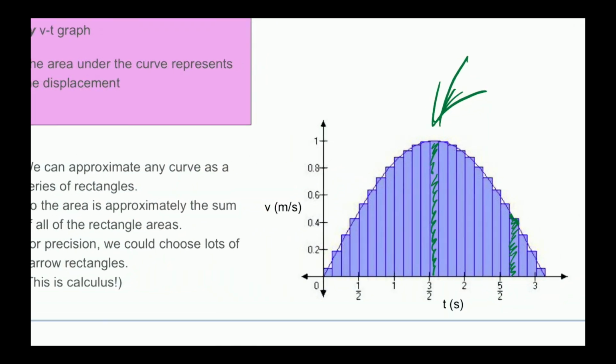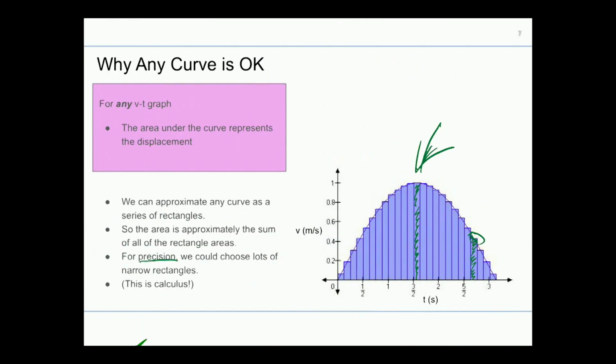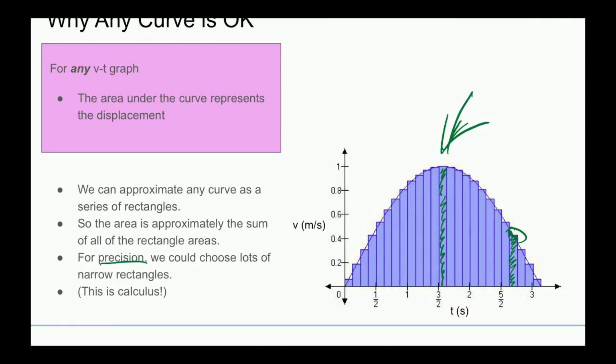Now we can see that if you have a curvy curve and you approximate it as a series of rectangles, you'll get the correct answer. If I wanted to be super precise, I would choose lots and lots of these rectangles, and make them smaller and smaller so that I would have less and less error. But that, folks, is calculus.